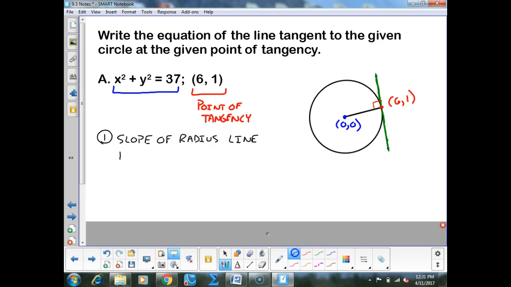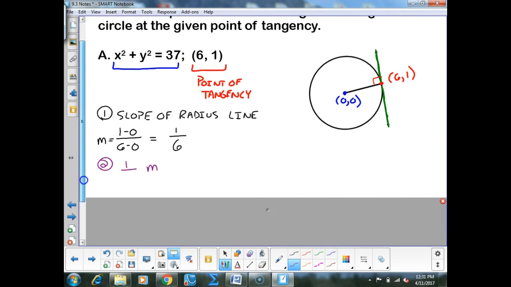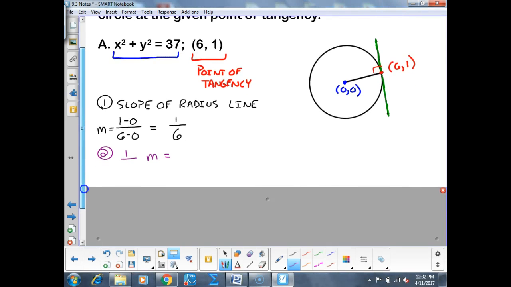Well, that's going to be 1 minus 0 over 6 minus 0, which is 1/6, right? Then, because they're perpendicular, my perpendicular slope is going to be what? -6. So the slope of this green line is -6.